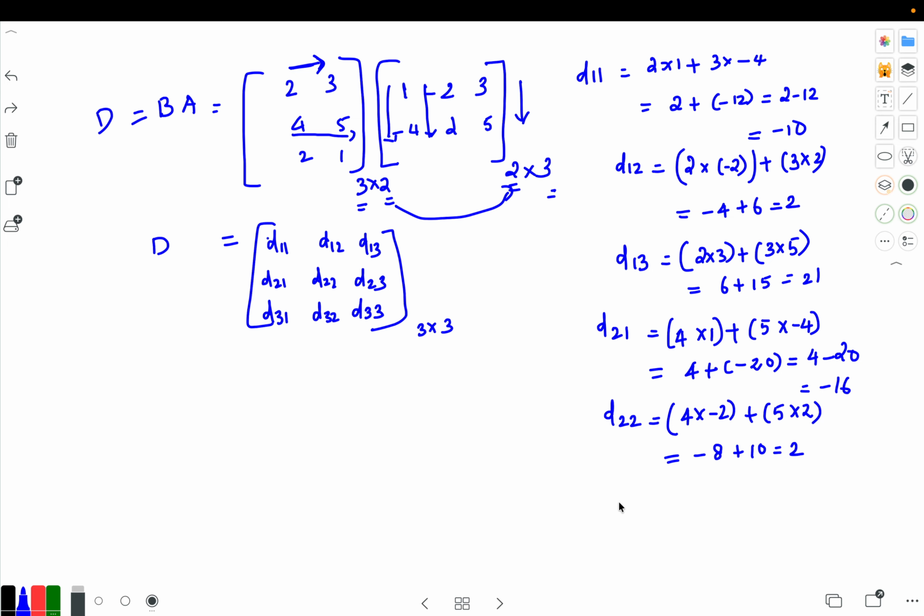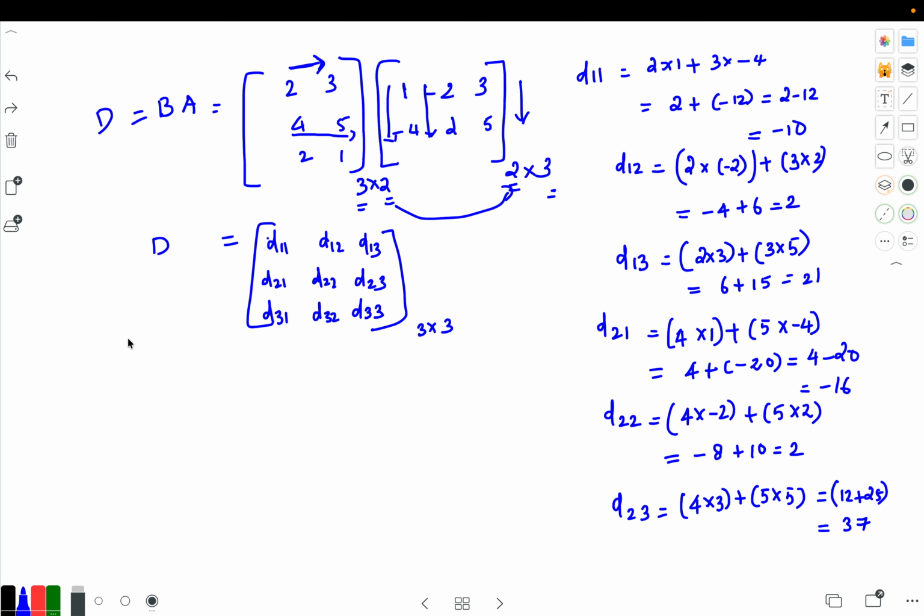Next D23, the second row with the third column, is 4 into 3 plus 5 into 5, which is 12 plus 25, that is equal to 37.